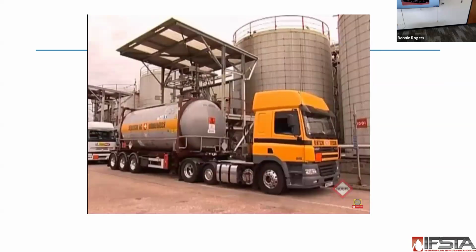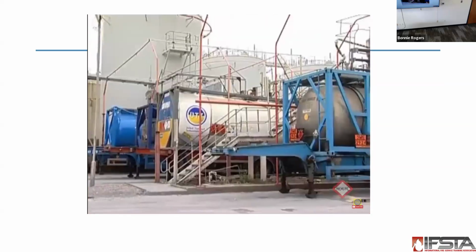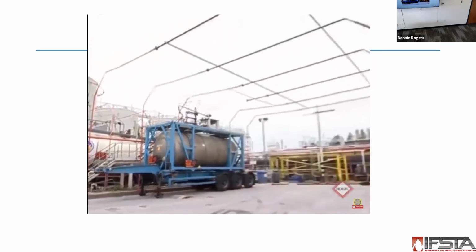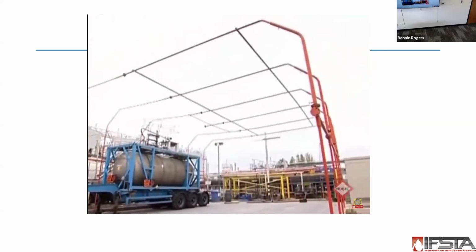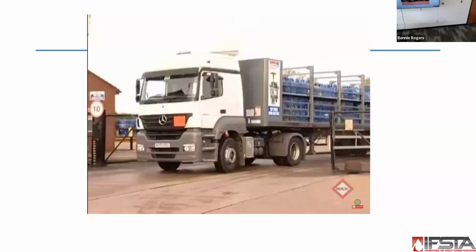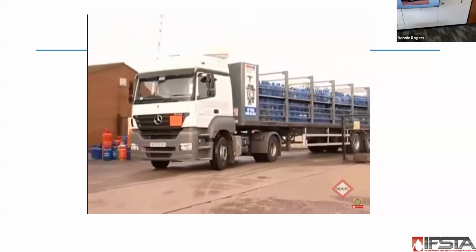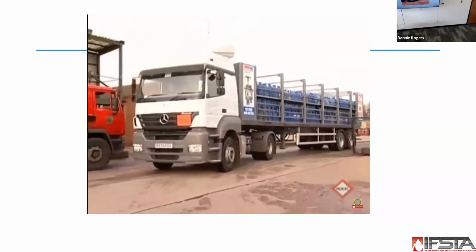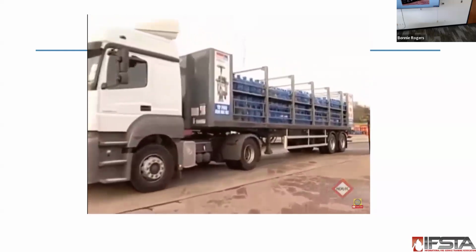Because of the risk posed by fire, many loading and unloading bays, particularly those for liquefied flammable gases, have drencher systems in place. You should also be aware that gas cylinders can also BLEVE.